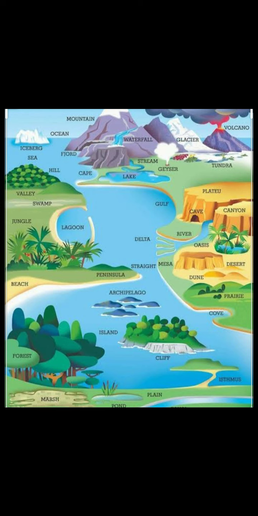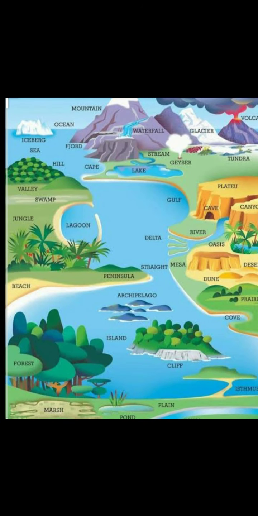You can look over here at the environment, like lake, river, delta, gulf, plateaus, canyon, caves, desert, beaches, peninsulas. These are kinds of environment which we look at in our surroundings, like ecology or biology, living things or non-living things. We find here trees, water, mountain, ice cap, glaciers, these types.